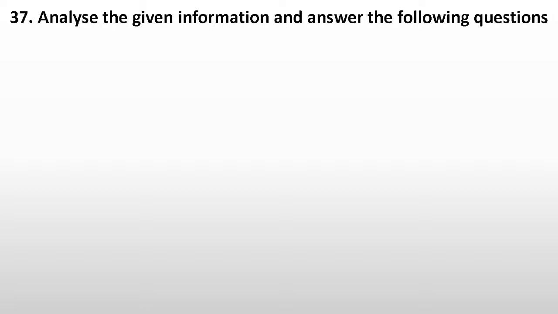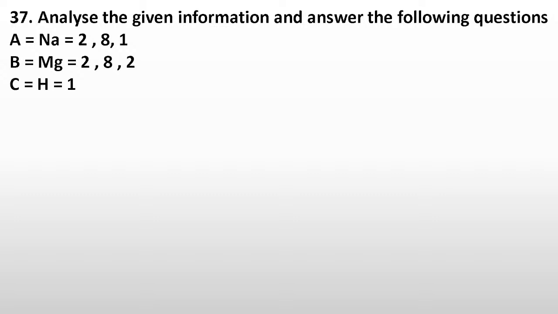Going ahead to question number 37, next question. Again the same, analyze the given information. A is equal to sodium, that is equal to 281. B is equal to magnesium, that is 282. C is equal to hydrogen, that is equal to 1. D is equal to chlorine, that is equal to 287.